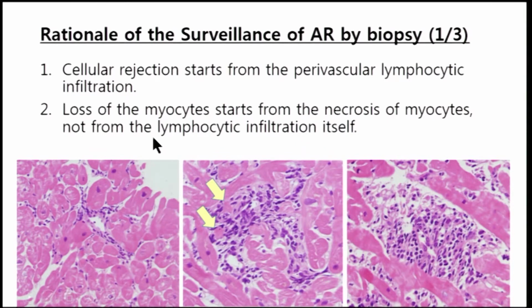So what is the necrosis of myocyte? In this case, I can interpret these two pieces as necrotic myocardium. It is not different from the H&E section, but it has a less strict, vague cross-striation and so on.